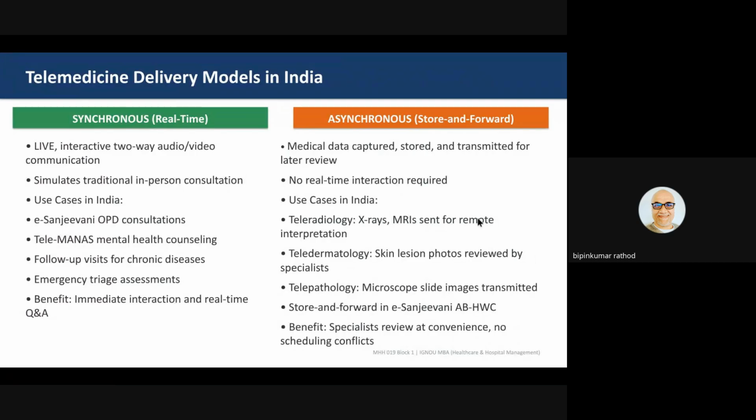It's very important that the patient just sends the image through the ABHA ID, and they can locate a dermatologist available to review the skin lesion, and that doctor can prescribe the medicine, which is available in your ABHA record. So it is important to understand the synchronous and asynchronous worlds of telemedicine.